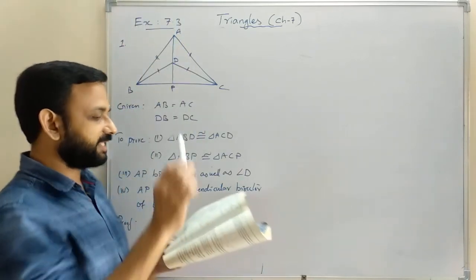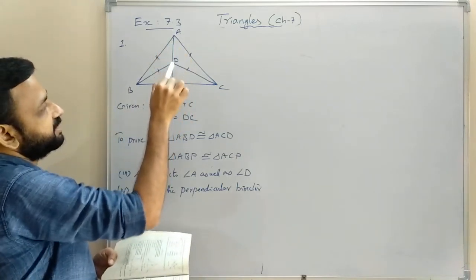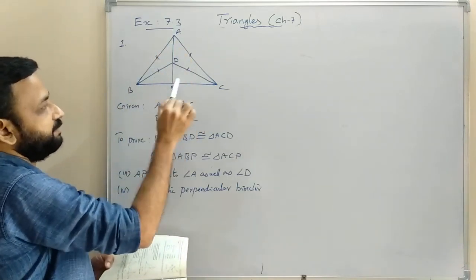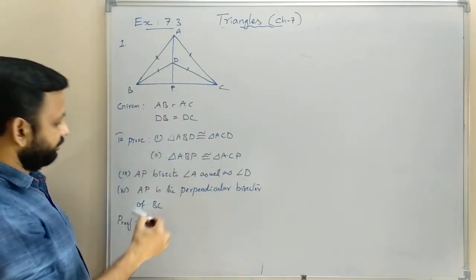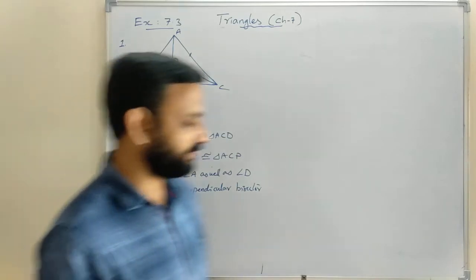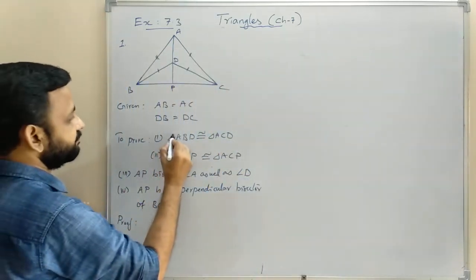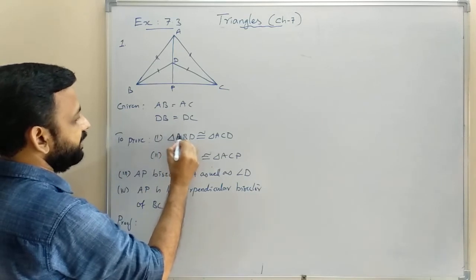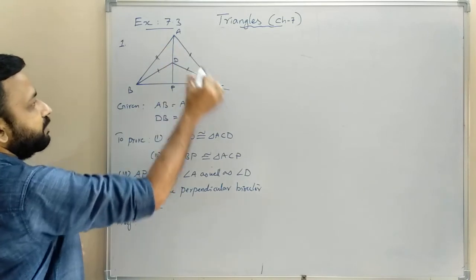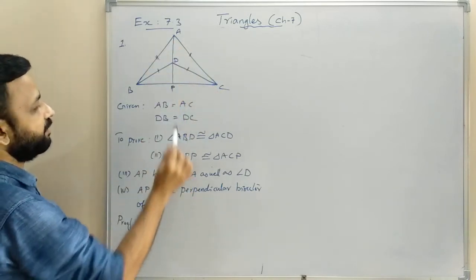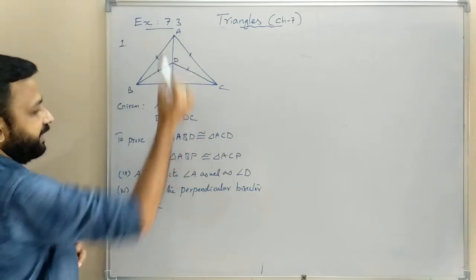If AD is extended to intersect BC at P, then we need to prove four cases. First we have to prove triangle ABD congruent to triangle ACD. Then we will prove triangle ABP congruent to triangle ACP.